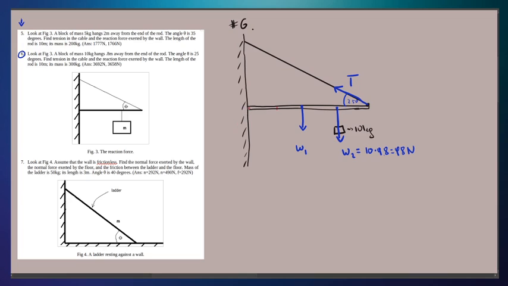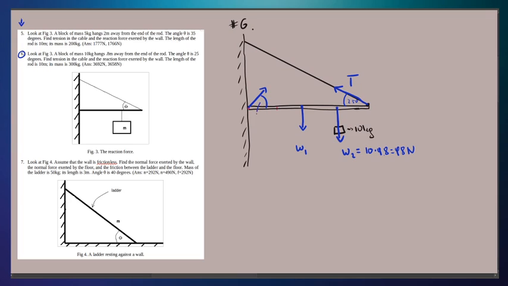So at this point here, the point of contact, the bar itself is pushing like this at the wall, which means that the wall itself is pushing with exactly the same force, but in the opposite direction. So the wall is pushing on the bar in this direction. Now exactly at what angle, I don't know.